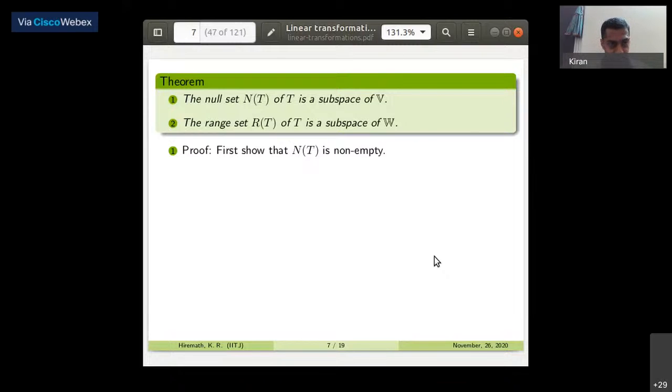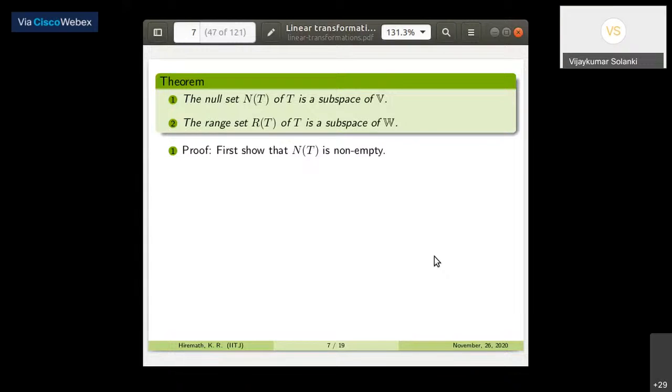Then what is the next thing we need to prove if we want to show that this is a subspace? What is the subspace verification criteria? Do we have to verify all the properties of a vector space? No. Then what are the minimum properties that I need to verify? It is closed under addition and scalar multiplication.